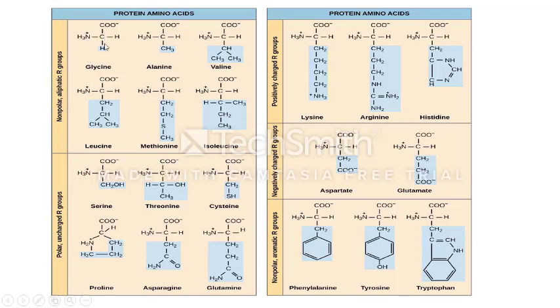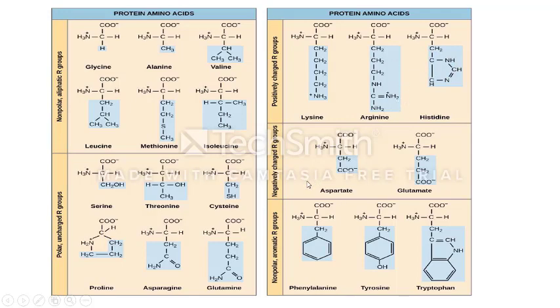All of the R groups are aliphatic in nature. You see here some are polar and uncharged R groups. And some are positively charged R groups. Here you see lysine, arginine, histidine, they are basically charged R groups.